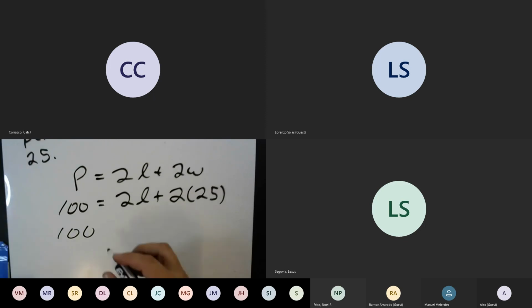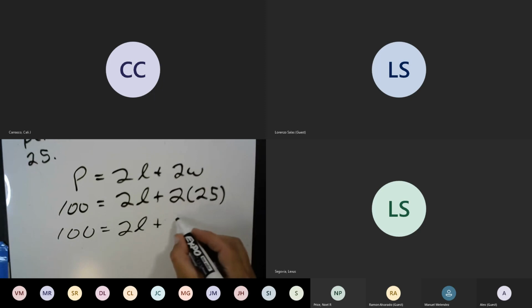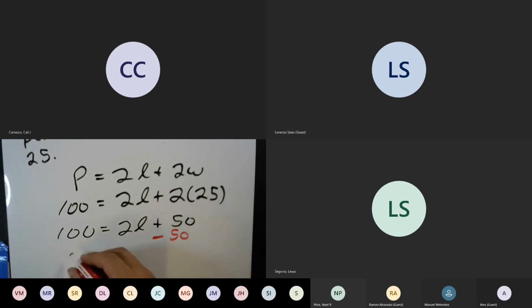Now, when we do that, we get 2L plus 50. And so we're solving for length. We want to find the length. So we subtract 50 from both sides, again undoing the addition before we undo the multiplication.